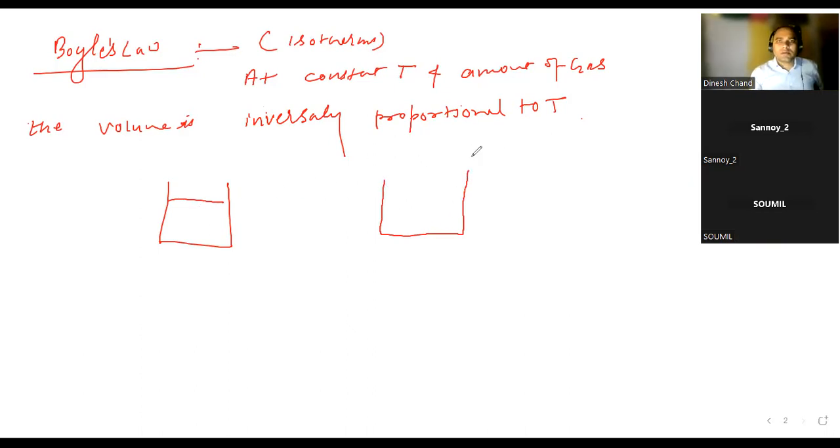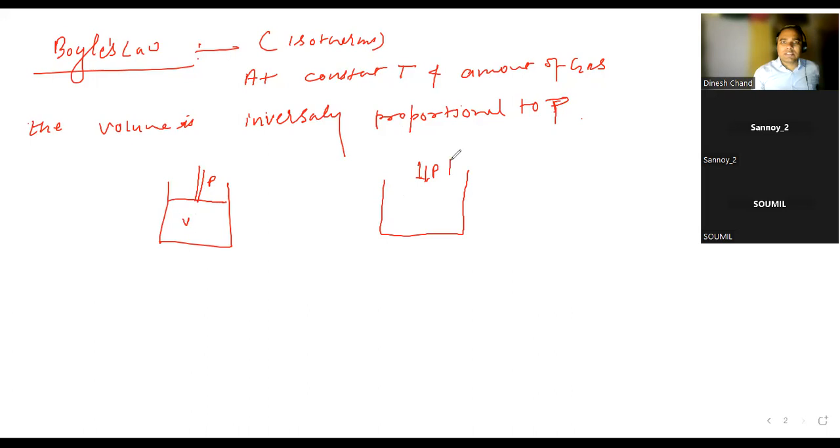Inversely proportional to pressure, sorry, I made a mistake. At constant temperature and amount of gas, volume is inversely proportional to pressure. Suppose we have some pressure and some volume. If you increase the pressure, what will happen to the gaseous volume?